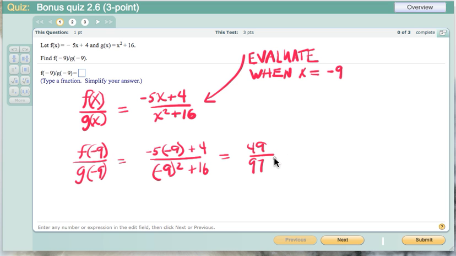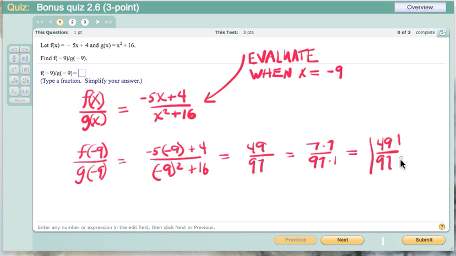But 97 itself is a prime number, so it doesn't break up into any factors. 49 would break up into two factors, both of which are prime, 7 and 7, but 97 doesn't crack into anything, and so I'm never going to be able to cancel, I'm never going to be able to simplify this. And so the answer, the fraction in simplest form, is 49 over 97.